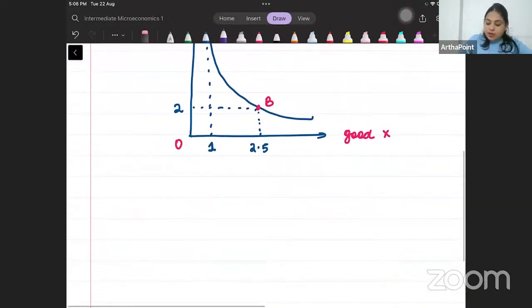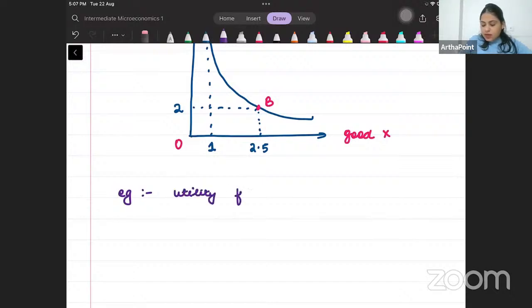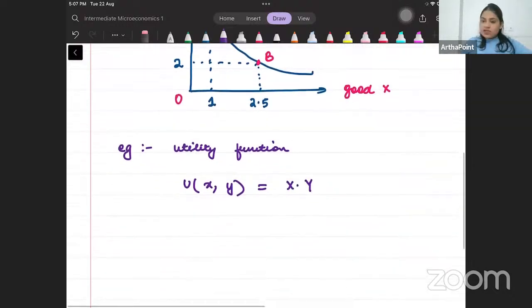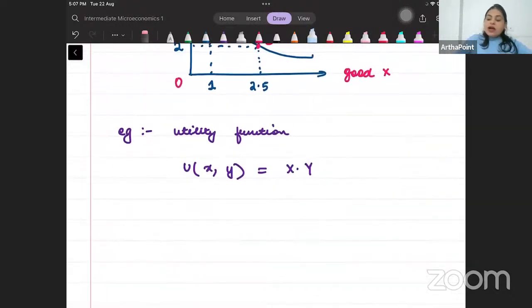So for example, let's say my utility function is U of xy equals x into y. What does this mean? You have some amount of x and some amount of y, and when you multiply those two together, you define utility. This may not always be the case.